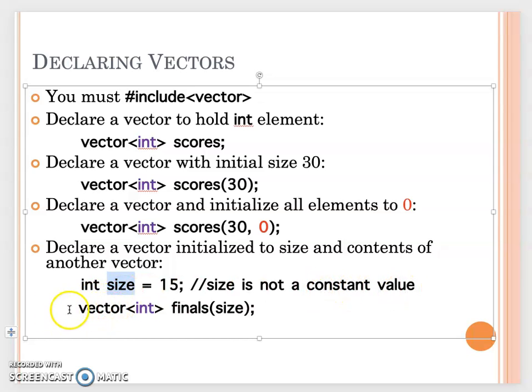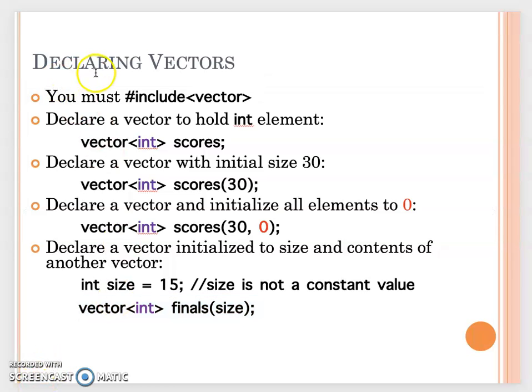The vector accepts a non-constant variable as a parameter in the parentheses. If you do it this way, we create another vector holding int elements. The vector object name is finals, and the size is 15. We have 15 elements. So that's how we declare a vector object.